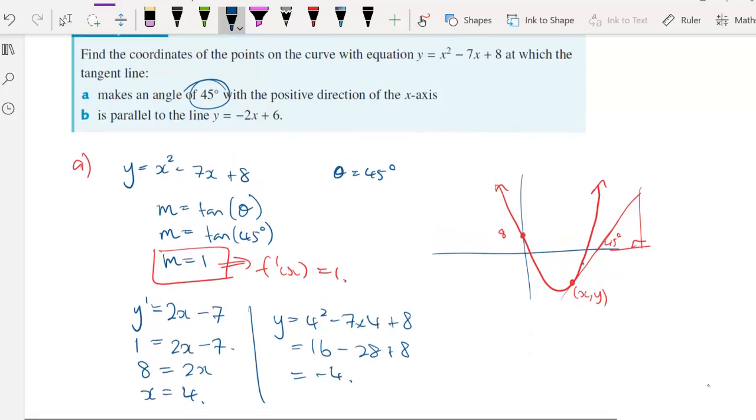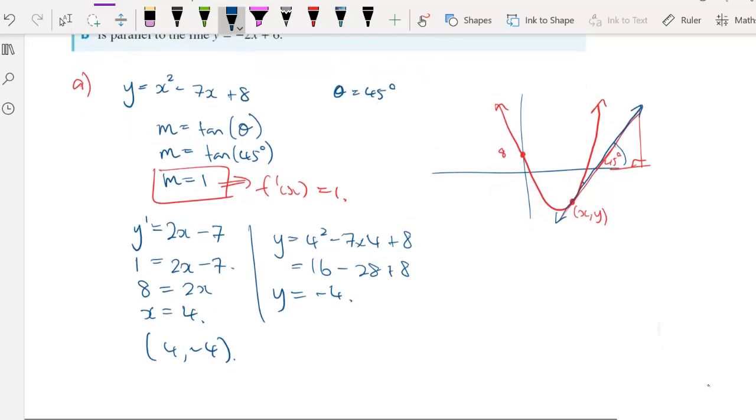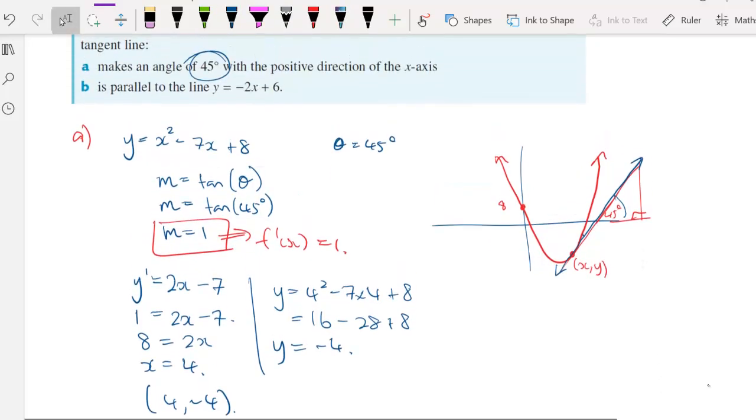So the answer is, the coordinates are 4, negative 4. So at that point, the derivative, or the tangent that's created from that derivative, creates an angle of 45 degrees with the x-axis. Okay, so pretty tricky. This is a complex familiar type question.